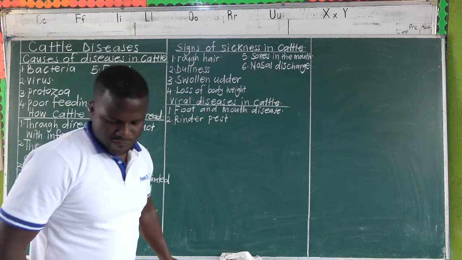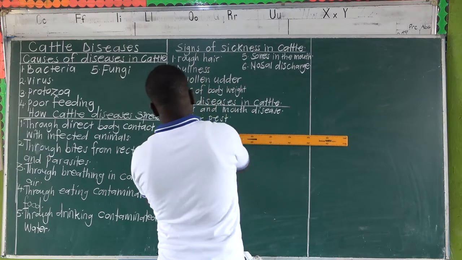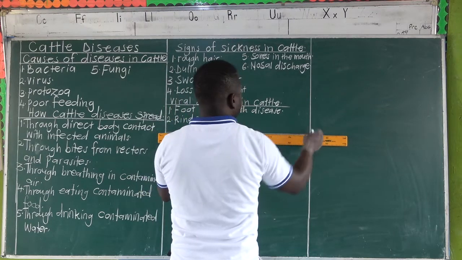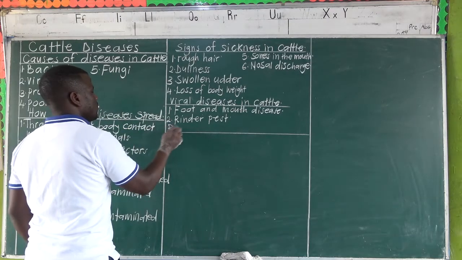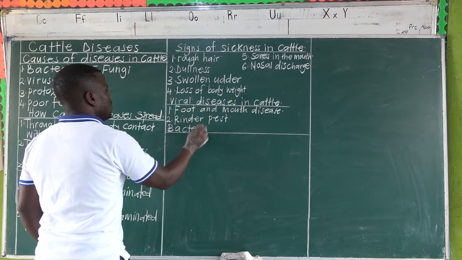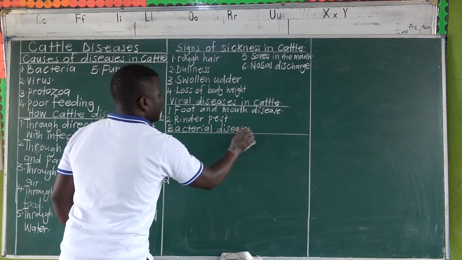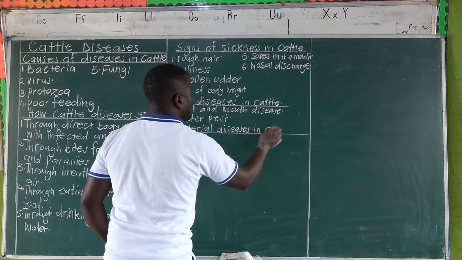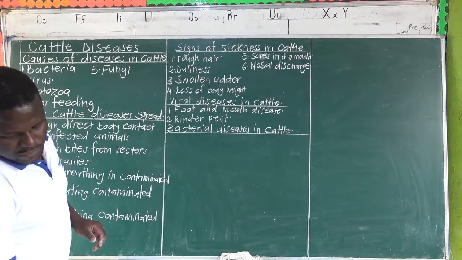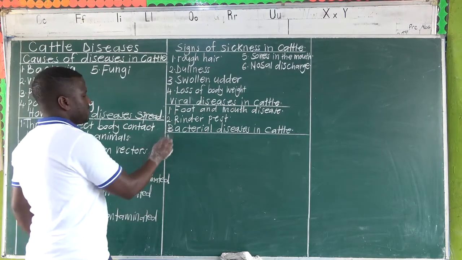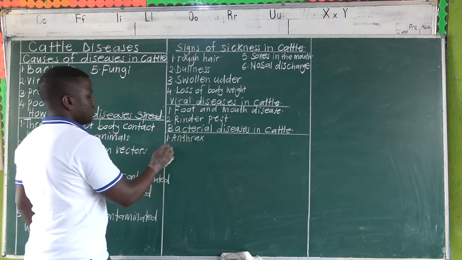Then now we have bacterial diseases in cattle, or cattle diseases caused by bacteria. One is anthrax.